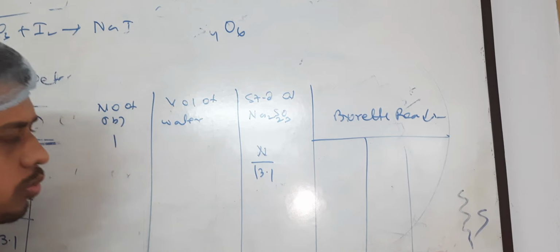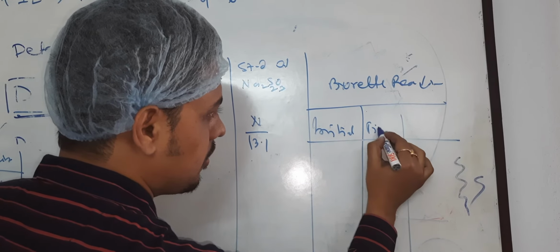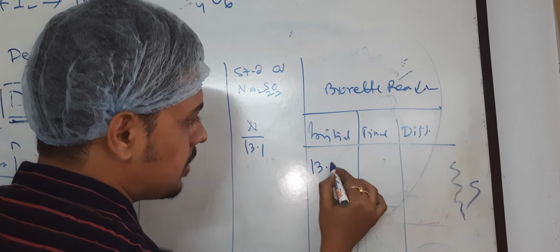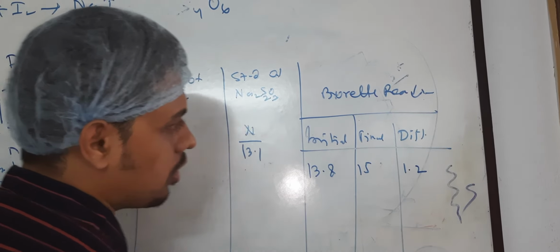As we have taken only one reading, don't write average. Initial, final and difference. We started from 13.8, our reading is 15. So difference will be 1.2 only.